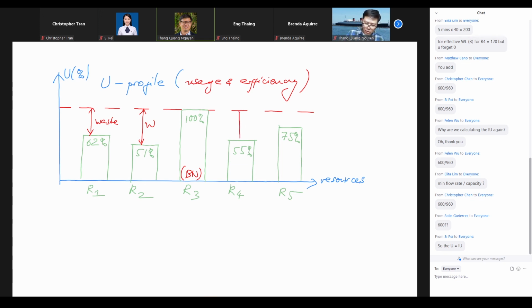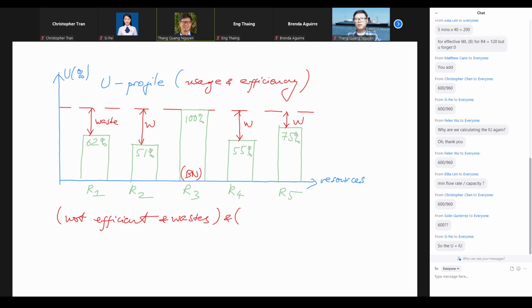But going back to 4, we are wasting something here, and at 5, we are also wasting something here. So if we look at this picture, the process is not efficient. Even though we hit 100% at the bottleneck, that's only for the bottleneck. For the remainder of the process, we are not efficient, because we see the waste.